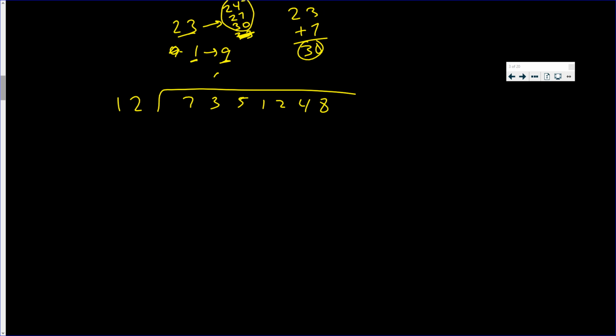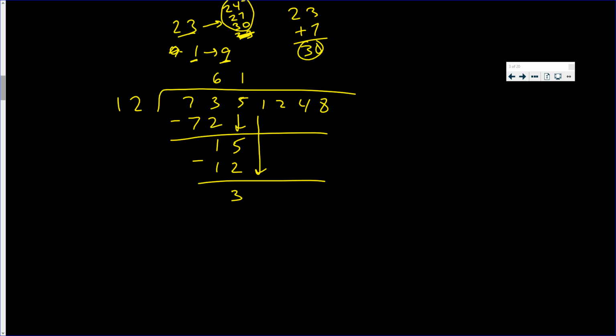12 times 6 is 72, with 1 left over. Bring down the 5. 12 goes into 15 one time, with 3 left over. Bring down the 1. 12 goes into 31 2 times. That leaves 7 left over.